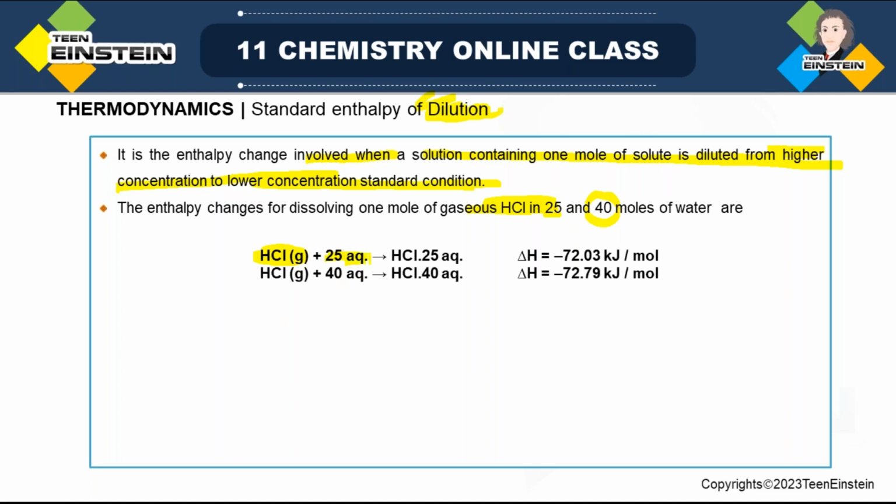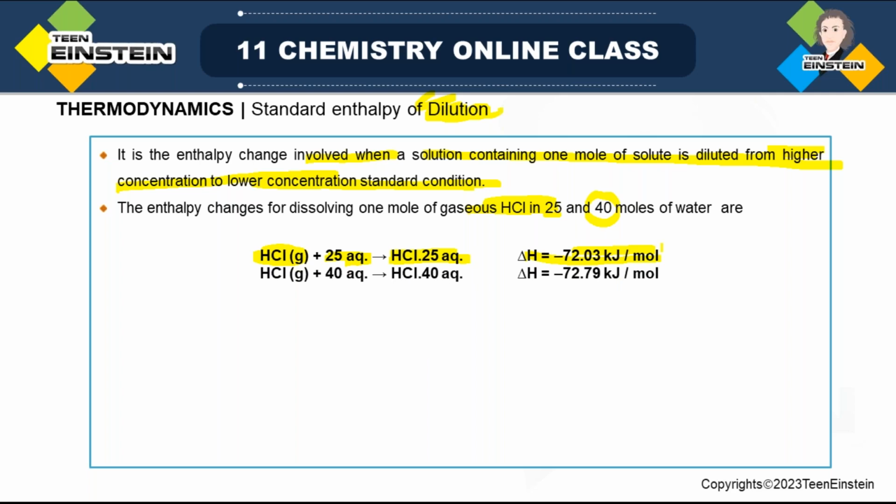So it is written in this way, where aq means you are adding 25 moles of water. After dilution, obviously, you are getting some dilute solution, but we have written here in this format HCl·25 aq.